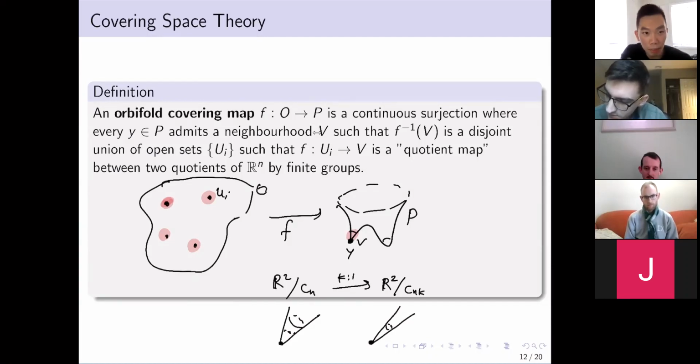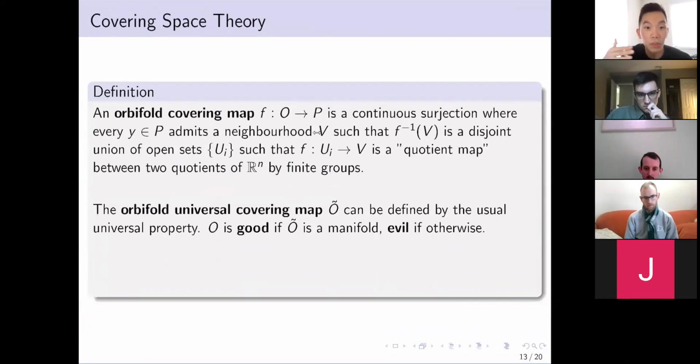So whenever we have covering maps, we also have universal covering maps. So among all the possible covering maps you can think of, there is the universal one that satisfies the universal property. The math behind this is pretty much the same. You can try to prove that it does exist by inverse limits. I'm not going to do it for you. It's complicated. But anyway, convince yourself that it does exist.